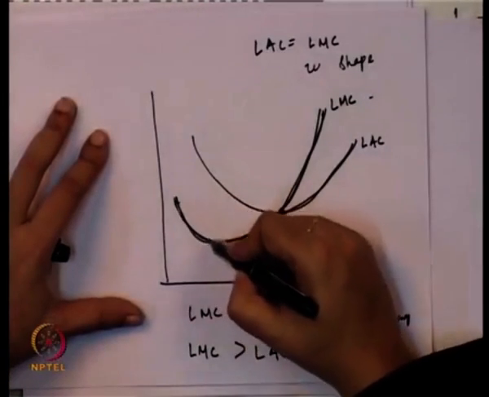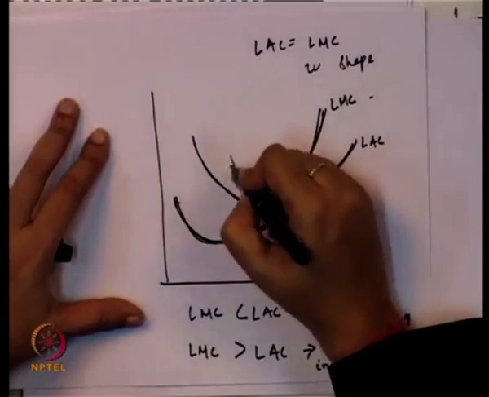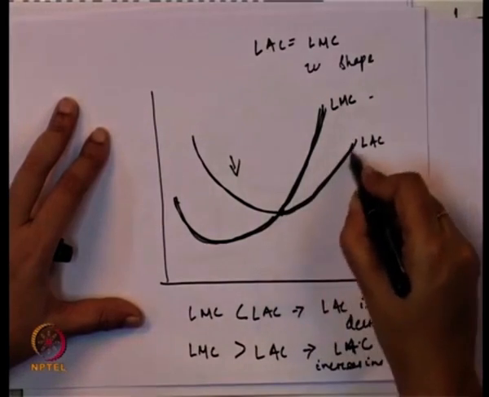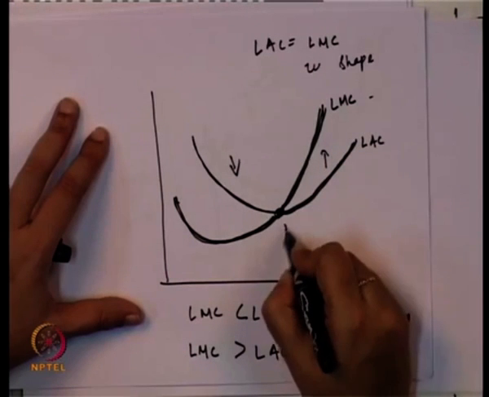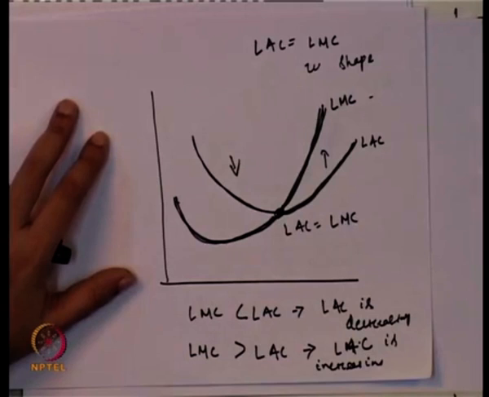So, the long run marginal cost curve is below the long run average cost curve when it is decreasing, and above it when it is increasing. At this point the long run average cost curve is equal to the long run marginal cost.